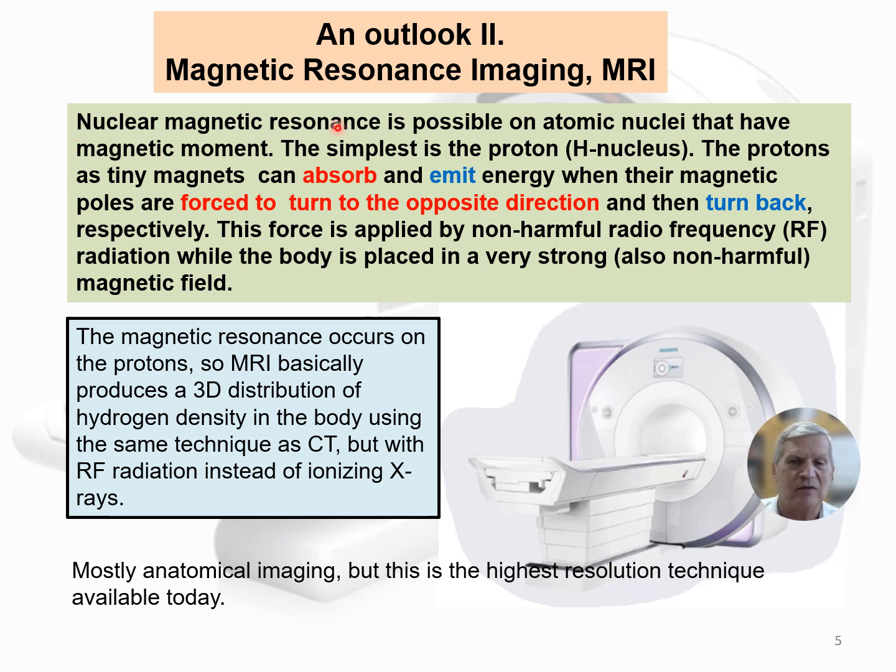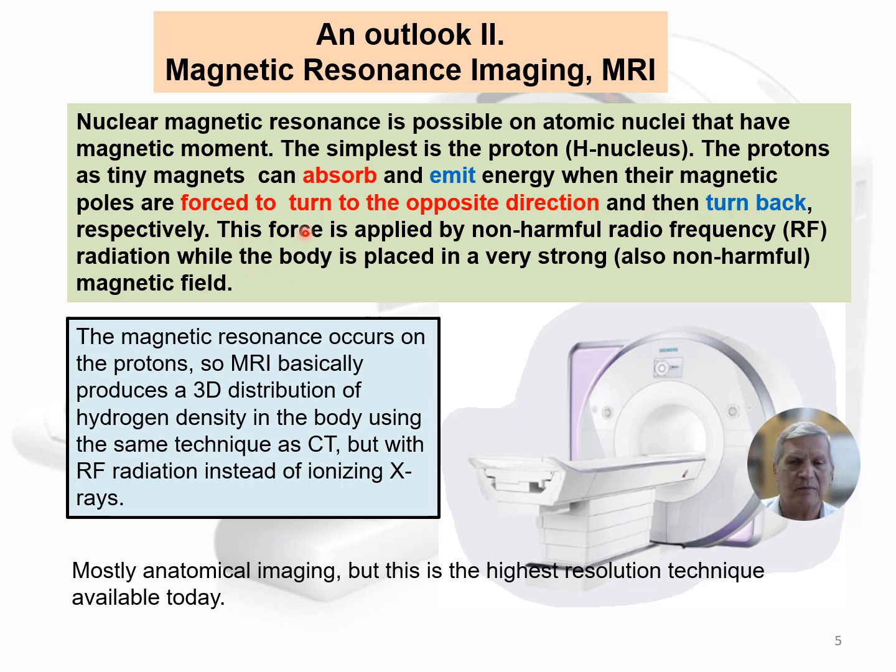Nuclear magnetic resonance is possible on atomic nuclei that have a magnetic moment. The simplest is the proton, the nucleus of the hydrogen atom. So this is non-radioactive, let me emphasize. The protons, as tiny magnets, can absorb and emit energy when the magnetic poles are forced to turn to the opposite direction and then turn back, respectively.